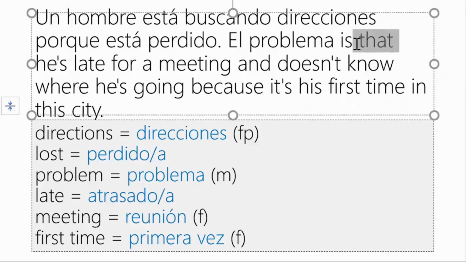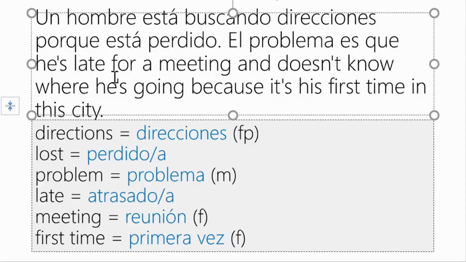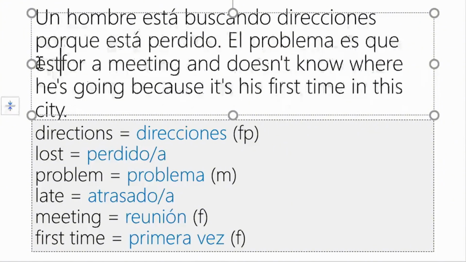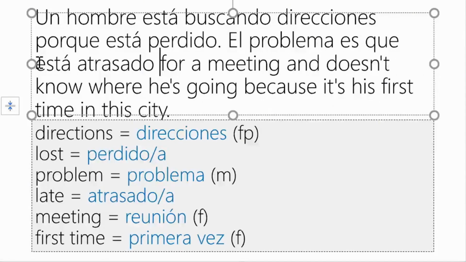Is that es que he's late for a meeting. This again is what's going on right now. So, está atrasado. Again, if we were speaking about a female, it would be está atrasada.